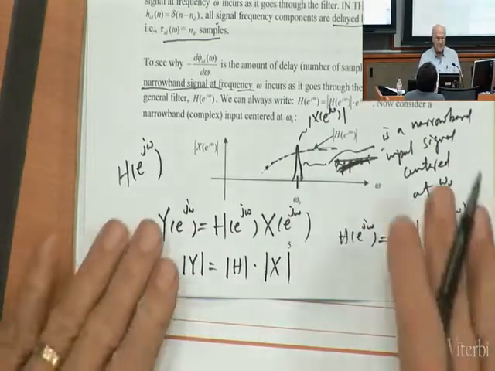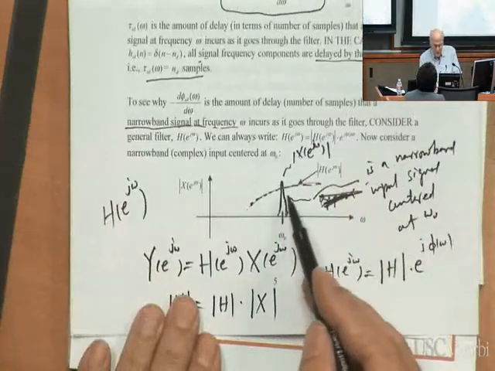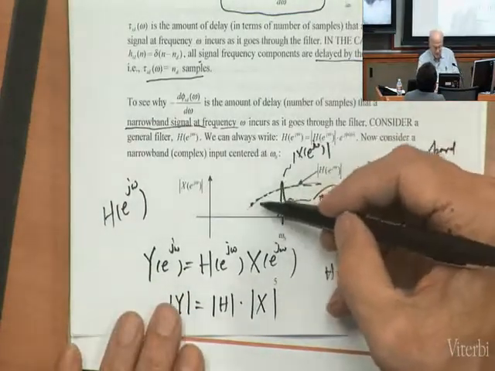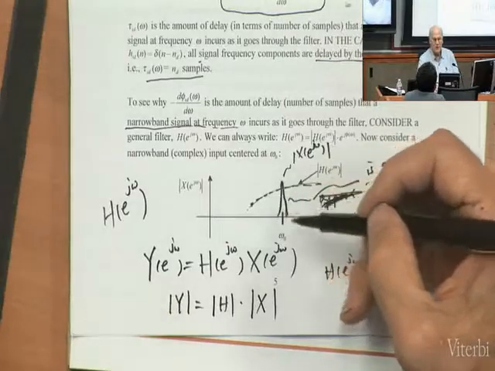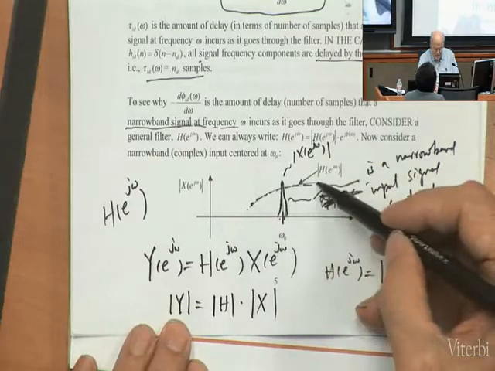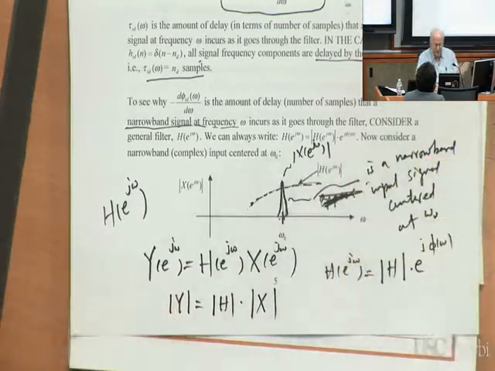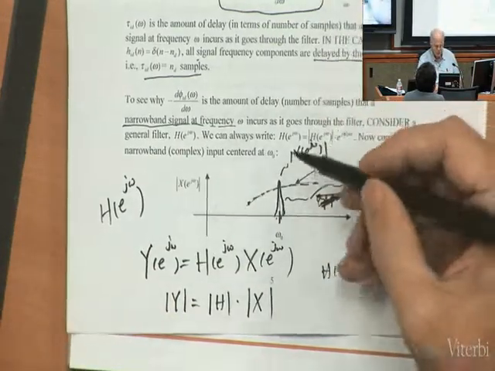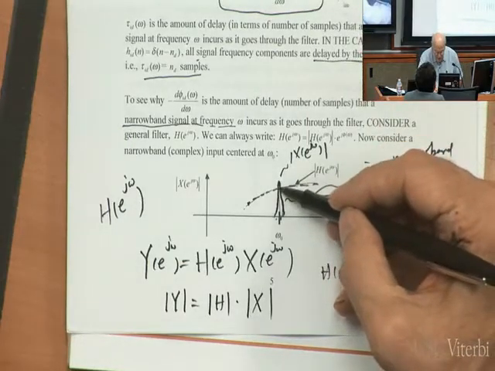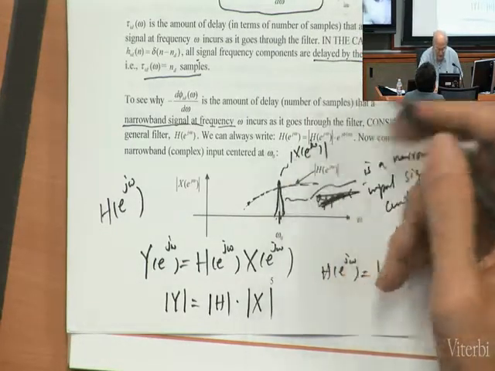Now you can see that the narrower the signal component is, all these other numbers will just be multiplied by 0. So when you take the product of this times this and let this become very, very narrow, pretty soon all you're going to get is just the magnitude of H at omega equals omega naught.